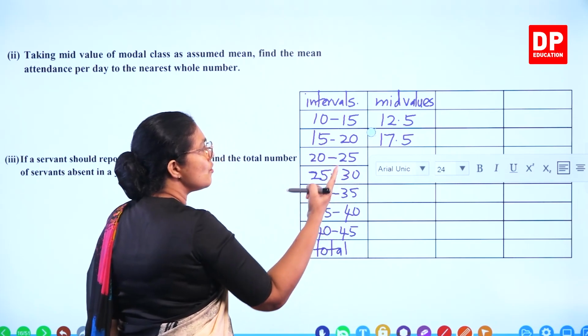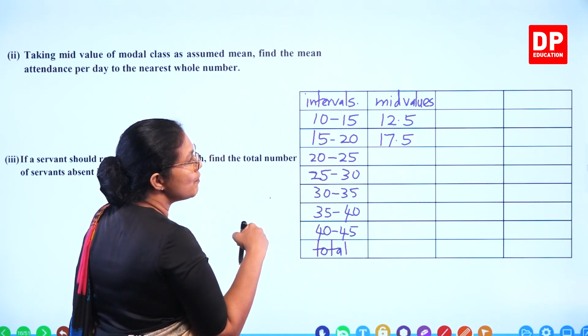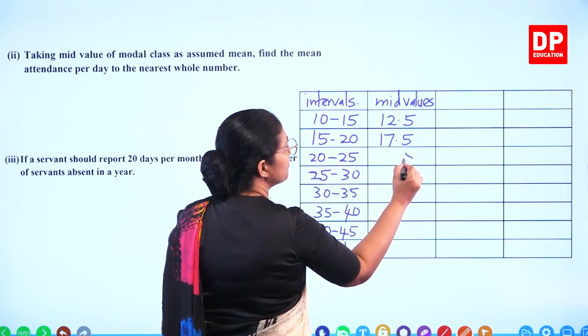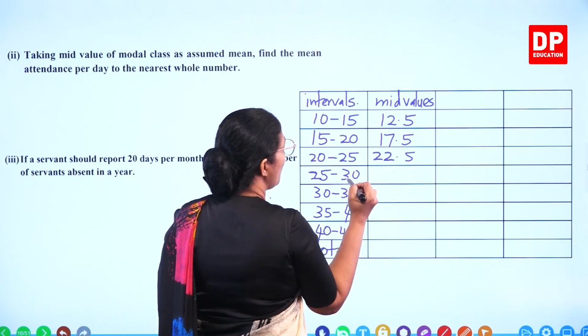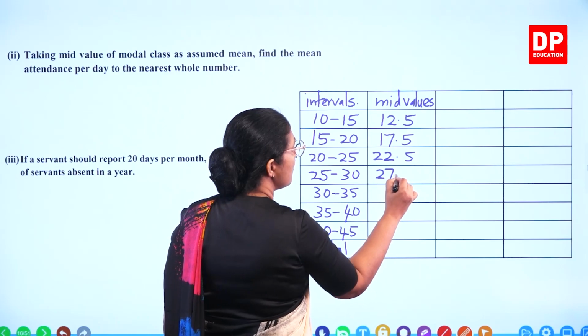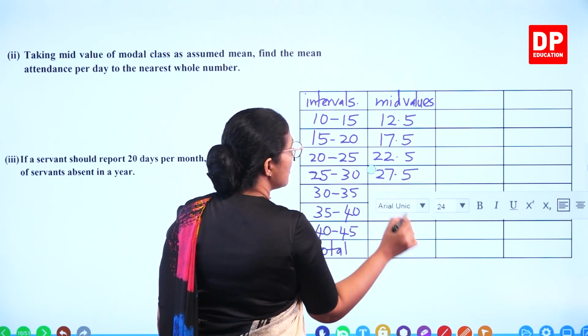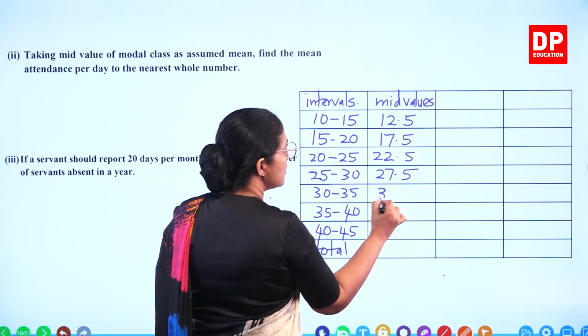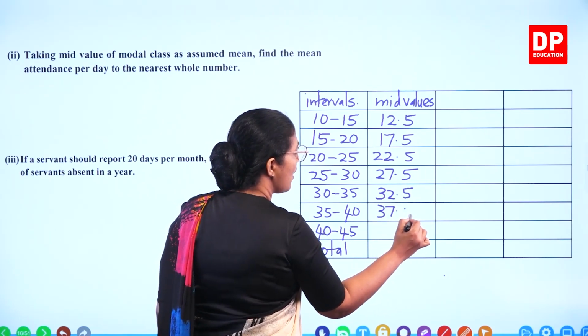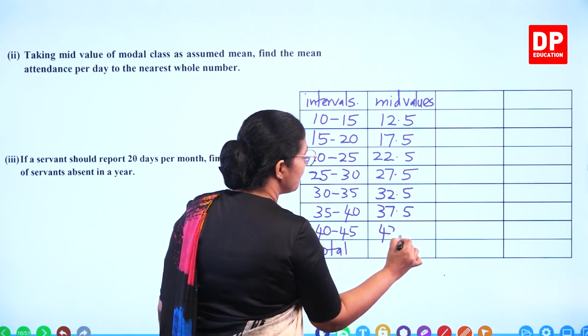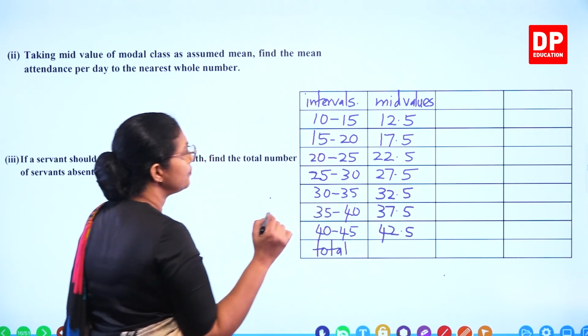So that means you have to add 5 each time: 22.5, 27.5, 32.5, 37.5 and 42.5. Those are the mid values.